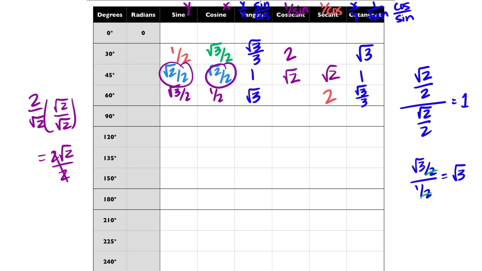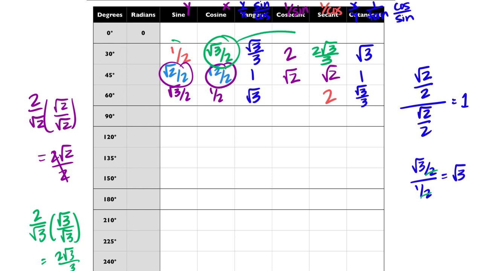And then √3 over 2 is going to have the same sort of situation. We flip it, we get 2 over √3, and then we'll have to multiply by the √3's. 2√3 over 3, and that can't be simplified. But that's the reciprocal of this and this.